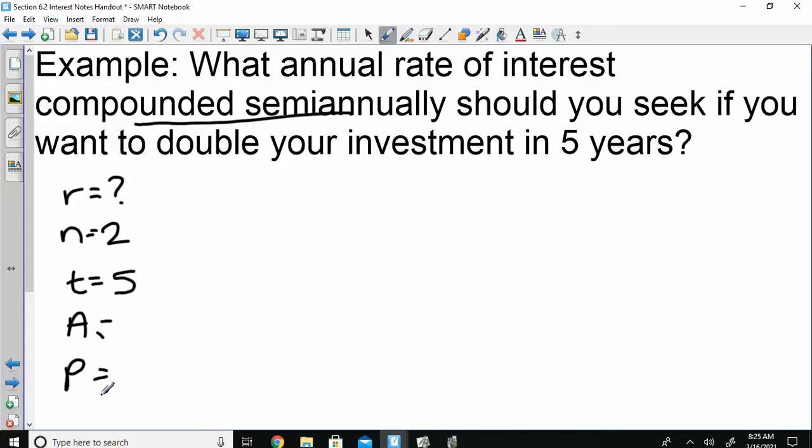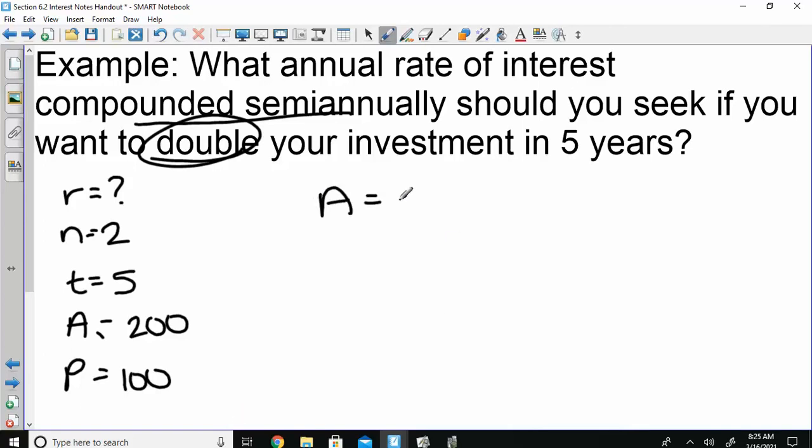What I have found in general, it's easiest for people to just make up an A and a P. That's usually what you guys like the best. So P is your present value, what you're starting with right now. So give me a number. What do you want to start with? 100? If I want to double it, what should I end with? 200.